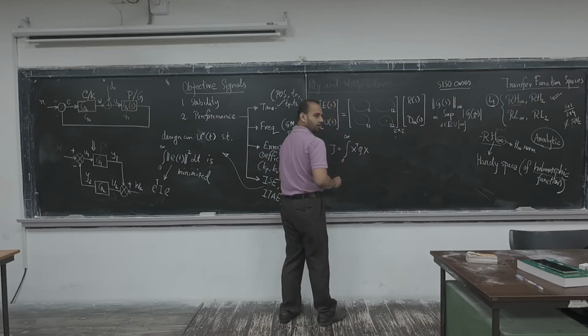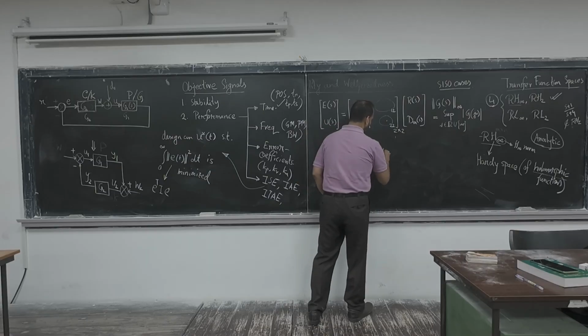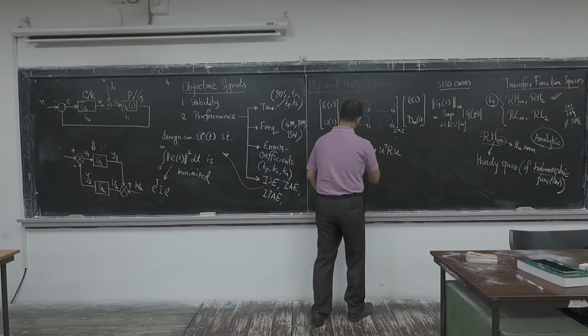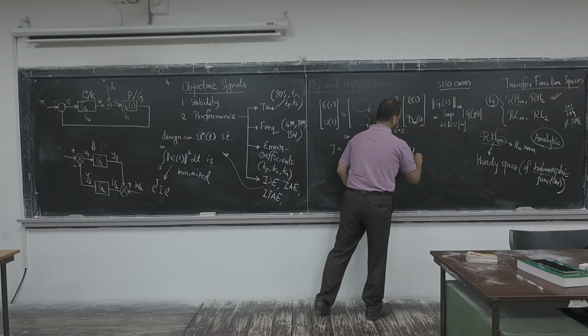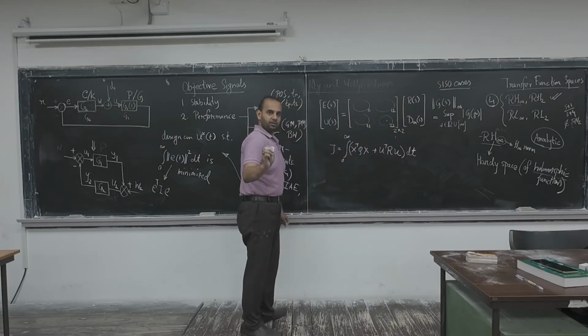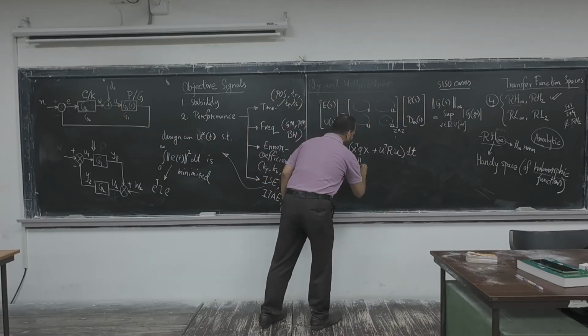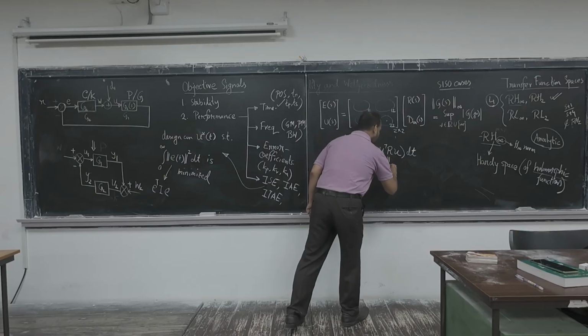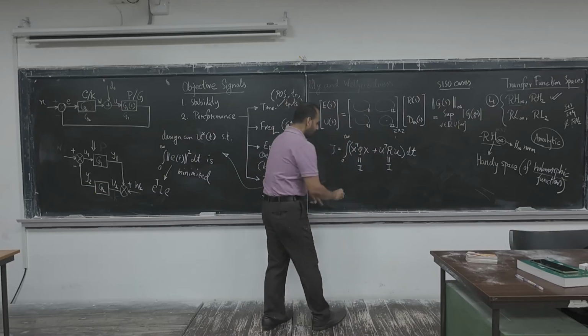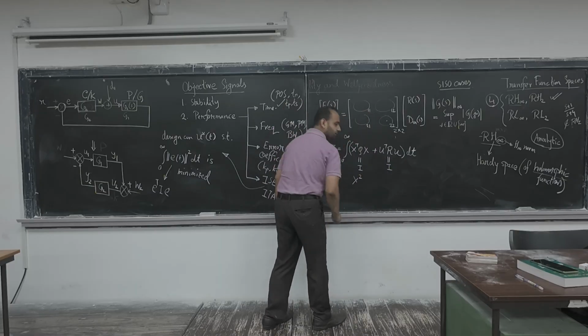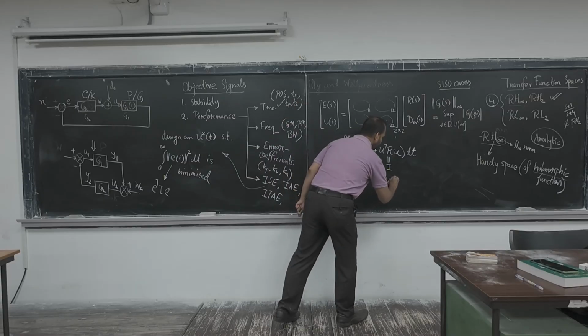Integral of X transpose QX plus U transpose RU dt. Now, if somebody assumes Q equals I and R also equals I, then this will become X square, and this will become U square.